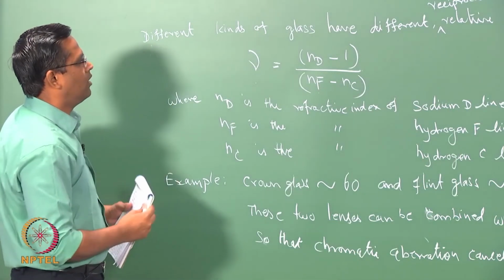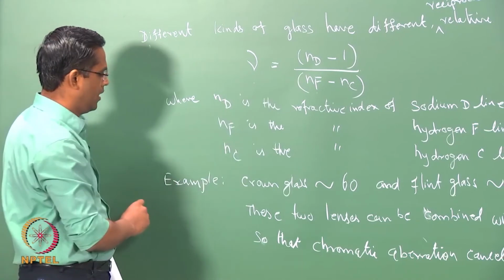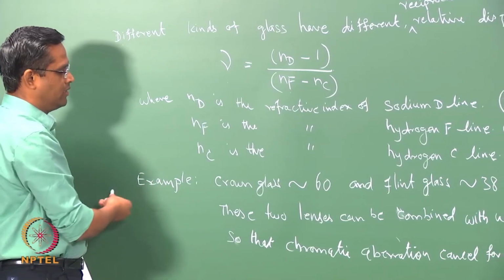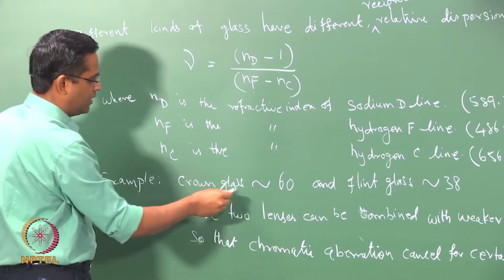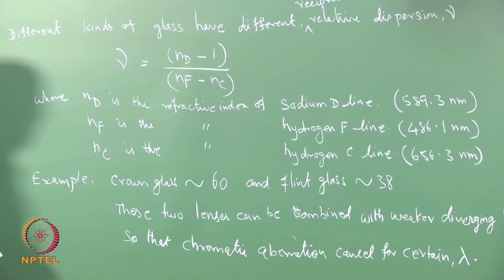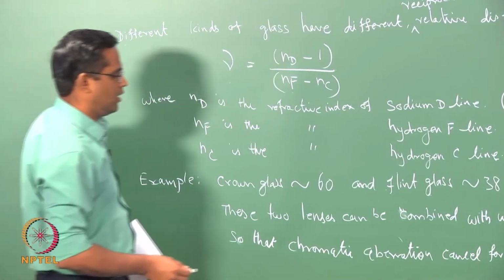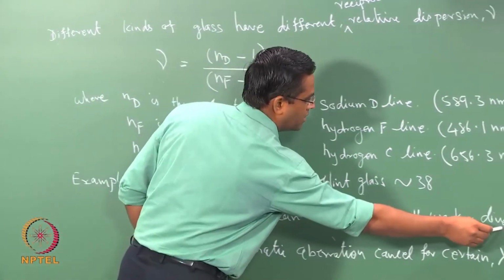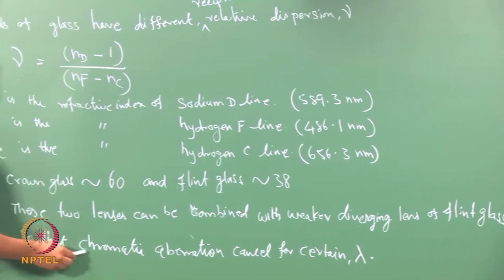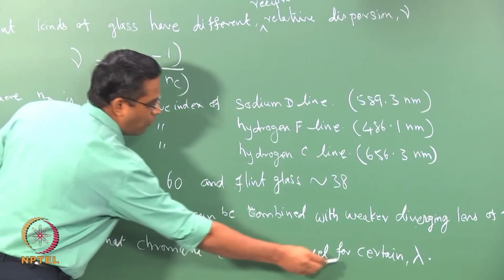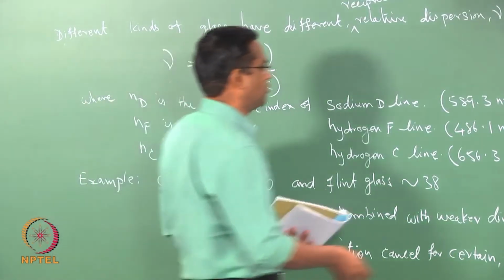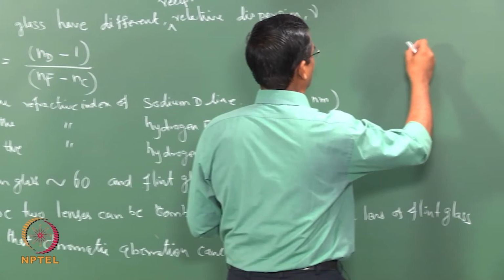There is a parameter called reciprocal relative dispersion mu, and this value is characteristic of different lenses. So, for crown glass it is 60, for flint glass it is 38. So, these two can be combined with the weaker diverging lens of flint glass, and that will correct the chromatic aberration for a certain lambda. We can also draw a schematic of how that corrected doublet will look.